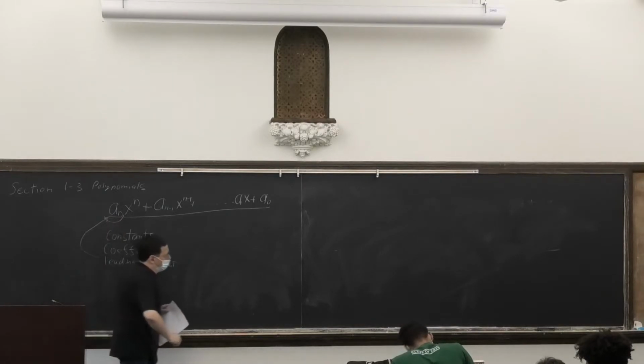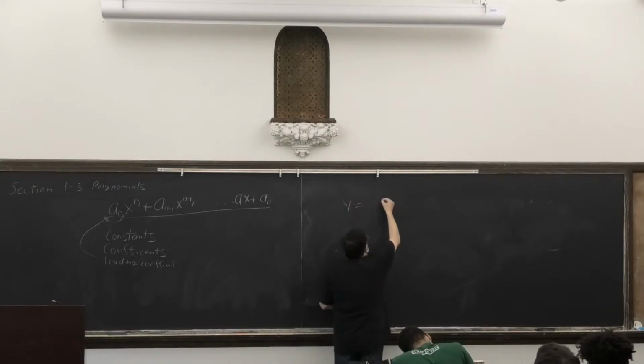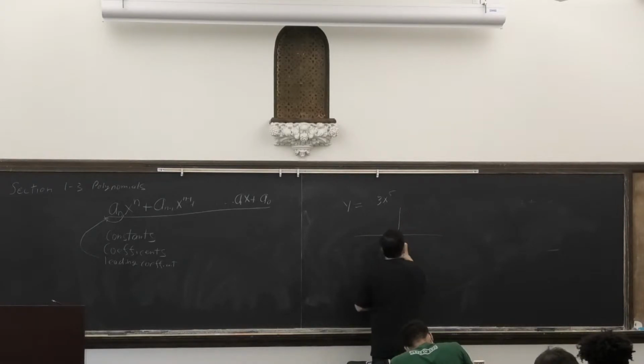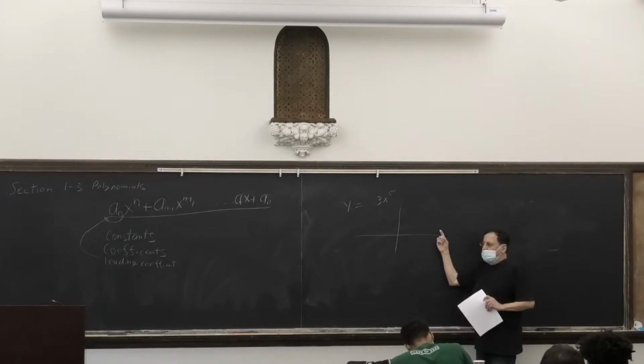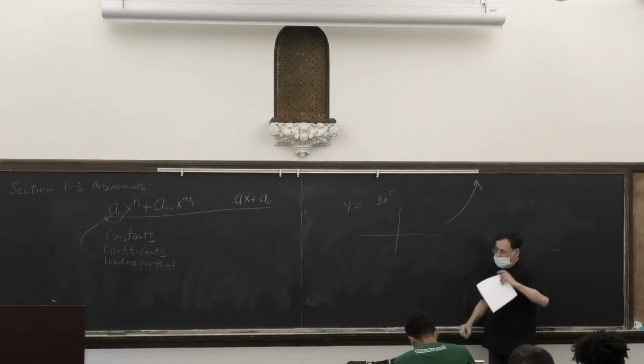Is it positive or negative? You have some polynomial where it's, say, 3x to the third, fifth, whatever. One thing you know is, for large numbers, this is going to just go off into outer space.